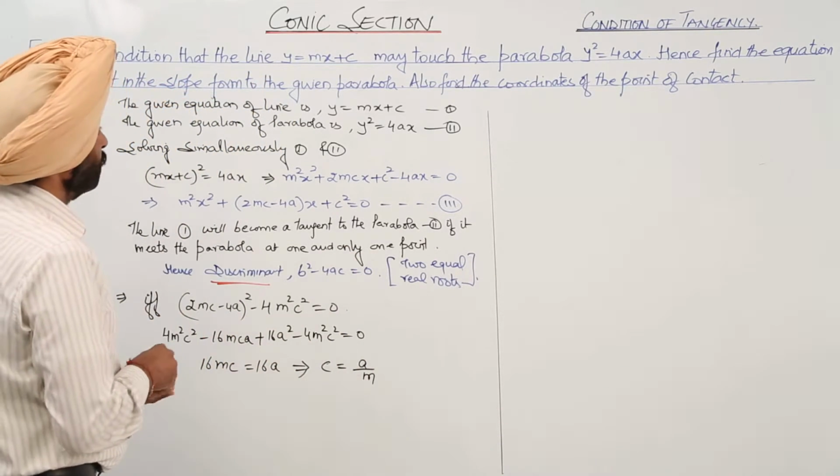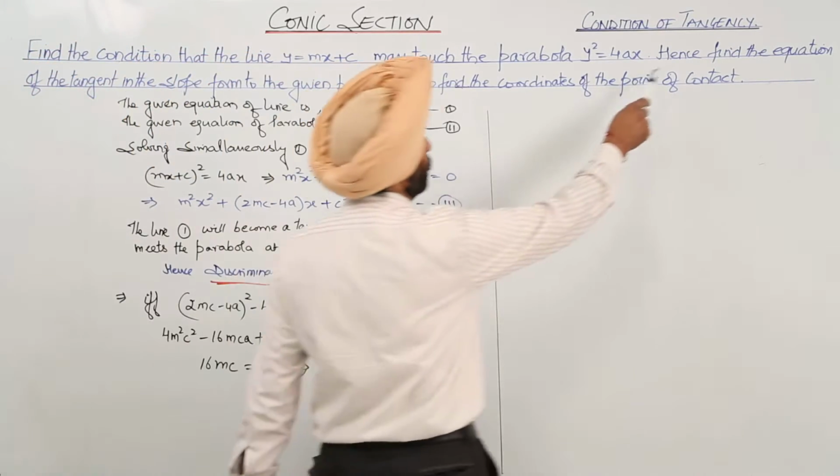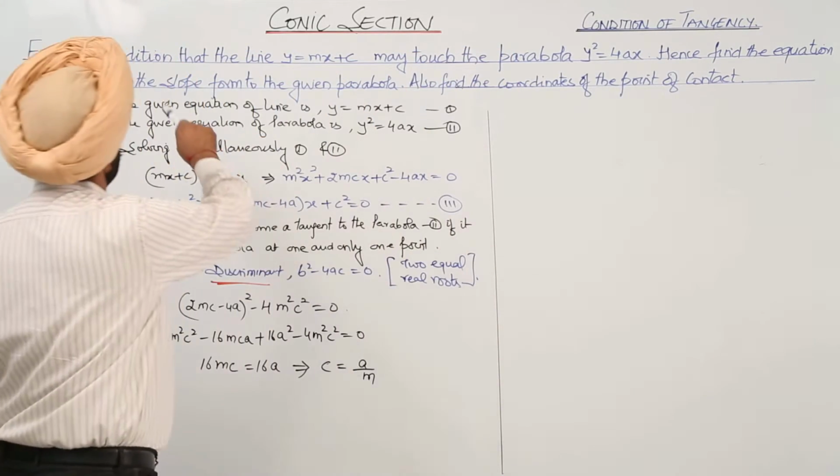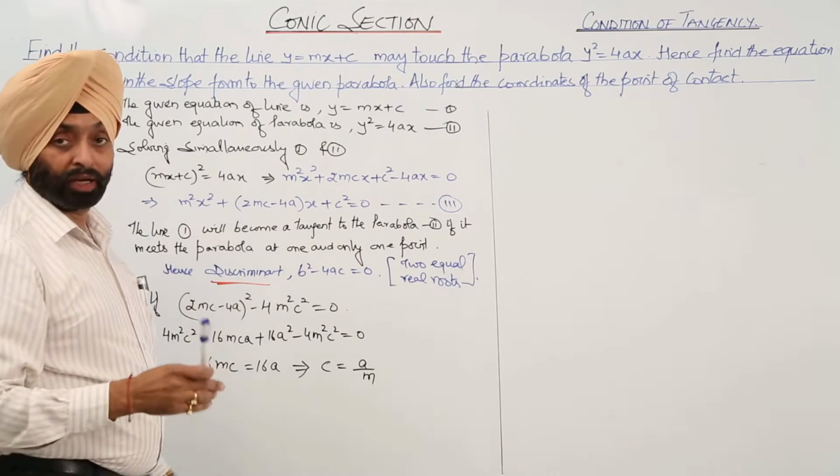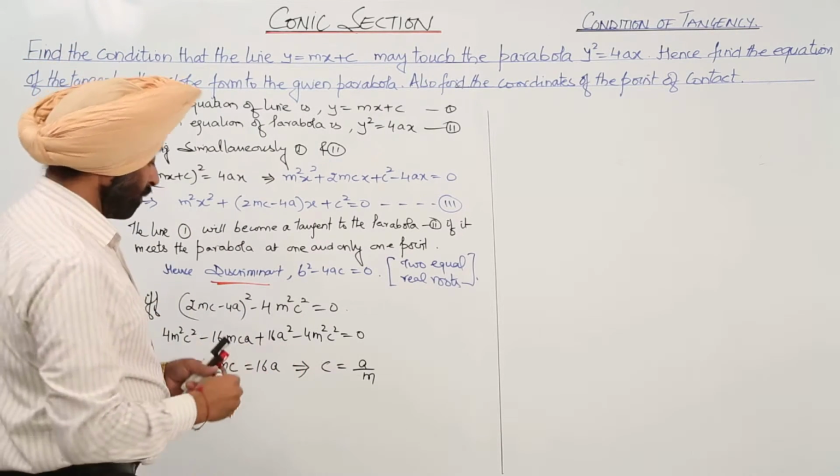Hence find the equation of the tangent in the slope form to the given parabola. Now we got the value of c.